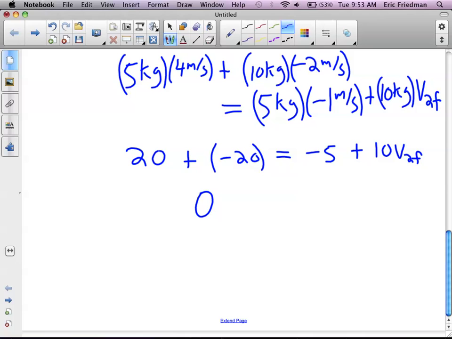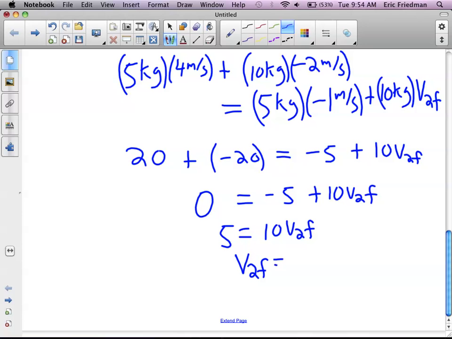That gives me 0 equals negative 5 plus 10 V2 final, so 5 equals 10 V2 final. So V2 final is 0.5 meters per second.